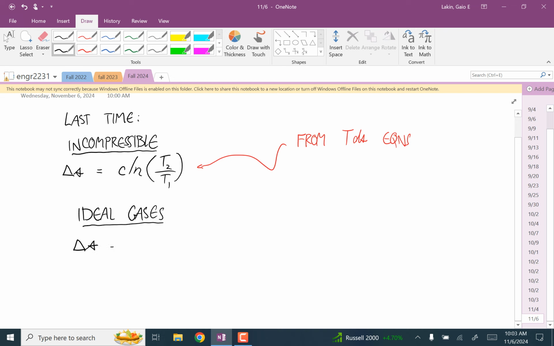So that's delta lowercase s is equal to Cp times the natural log of T2 over T1, minus R natural log of P2 over P1.